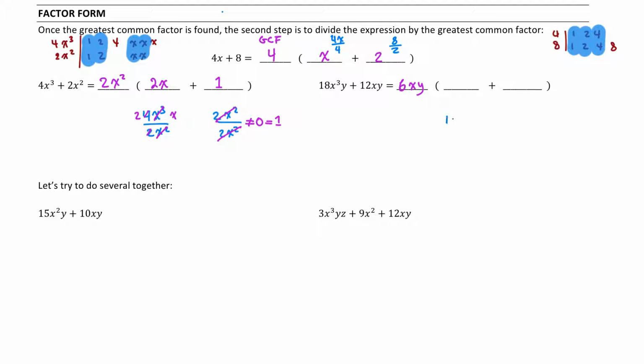So now here I have 18x cubed y over 6xy, and here I have 12xy over 6xy. 18 divided by 6 is 3, x cubed divided by x is x squared, and y's cancel out. 12 divided by 6 is 2, and xy and xy cancels out to give me 1, and 2 times 1 is just 2 here, and 3x squared here.